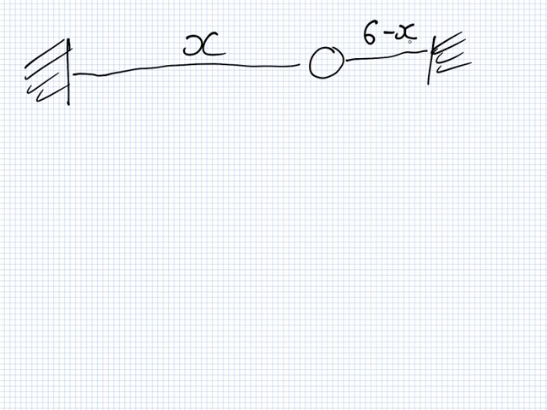So for example, if this is 1, then the other piece is 5. This is 2, then the other piece is 4. And if it's 3, the other piece is 3, and so on. So if it's X, the other piece is 6 minus X.